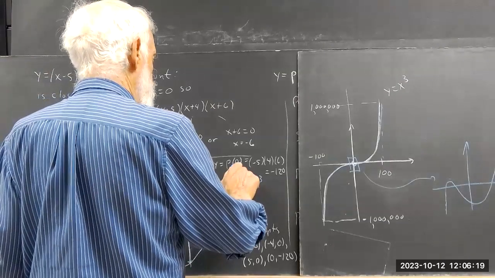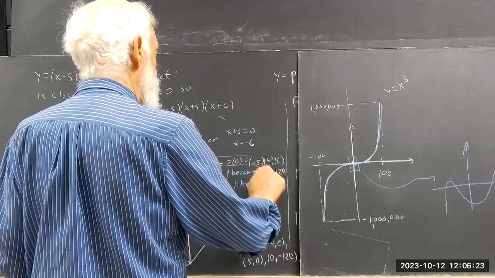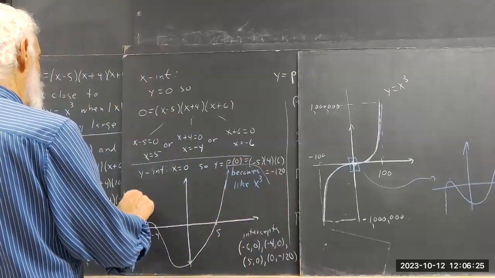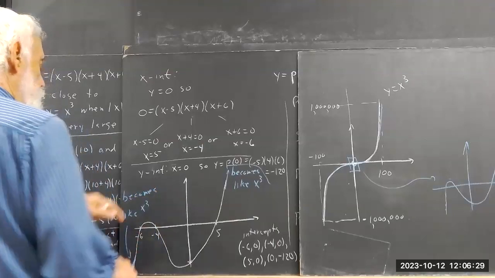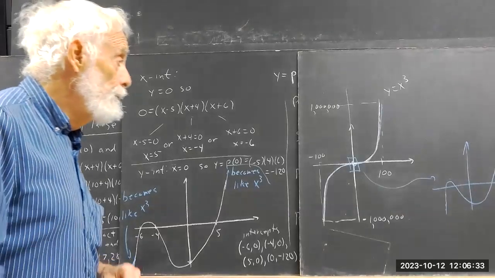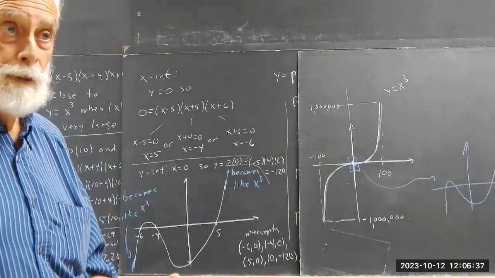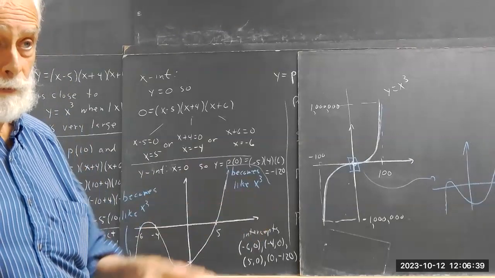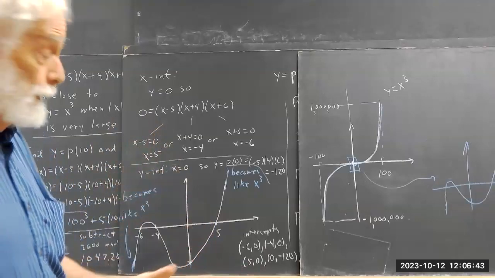I'll say it becomes like X cubed here, and it becomes like X cubed down here. That's something that'd be very good to understand when you have to sketch these graphs, and we have to understand how these functions behave.